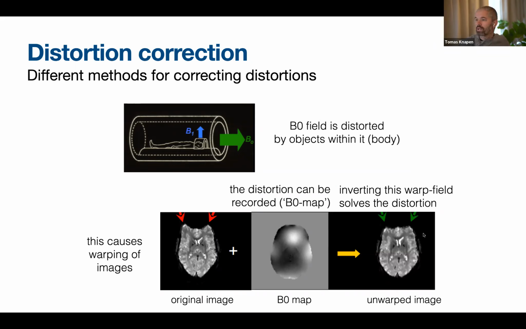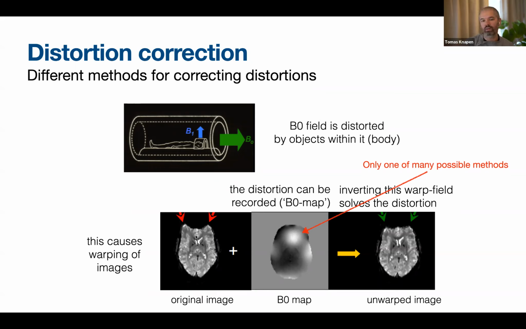There's a bunch of different ways in which you can do this. You can get the ground truth B0 map. You could also create two different images that have opposite warpings and then average them together, so find the middle ground between two oppositely warped images, and that can give you the unwarped image.